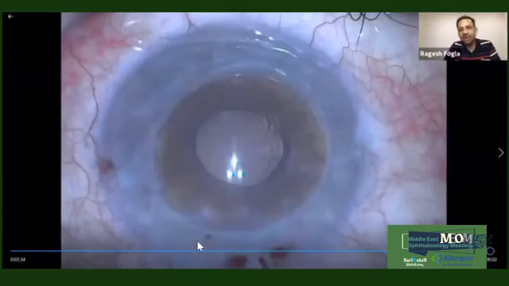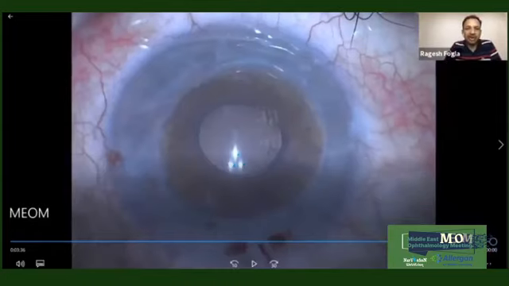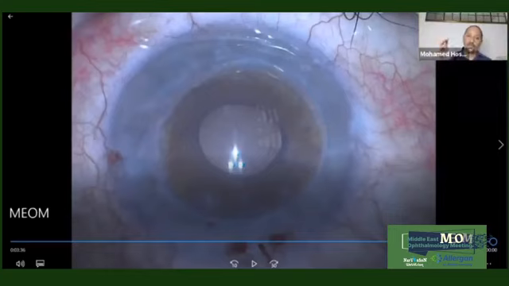So we do a femto AK using a 7mm or 6.5mm optical zone, and then from 11 it drops down to about 3.5 or 4, something like that. Then we wait for the final effect at about a month or 2. Once you have a stable topography, you can go ahead and do a Contoura and achieve a much better outcome.